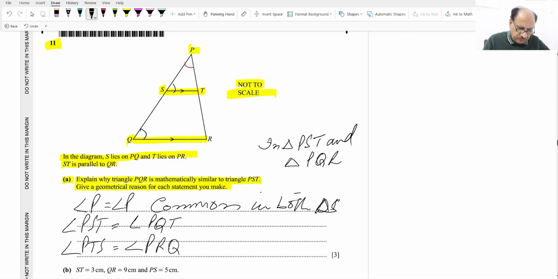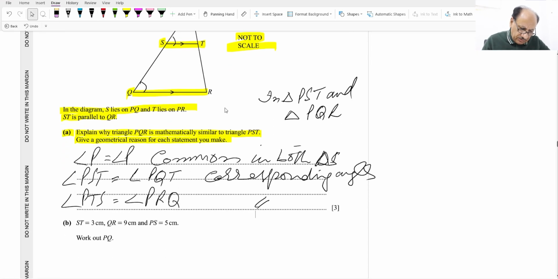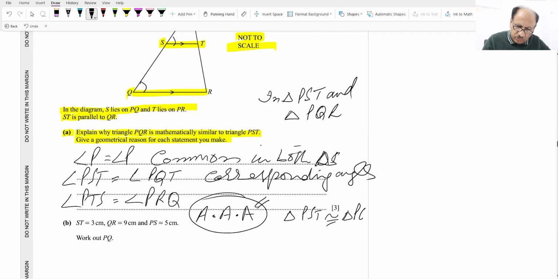These are corresponding angles, and this will also be corresponding angles. So all three angles are equal. So by the angle postulate, the triangles will be mathematically similar. So we can write triangle PST is similar to triangle PQR. This is done.